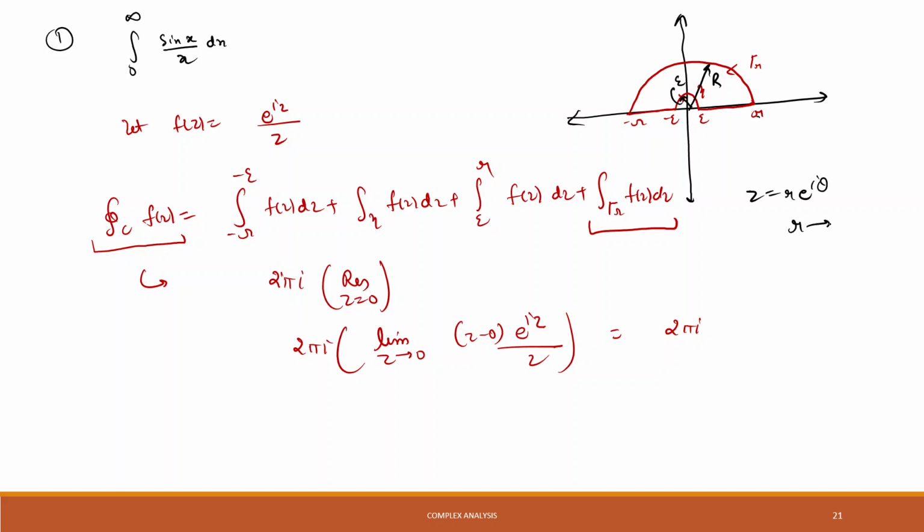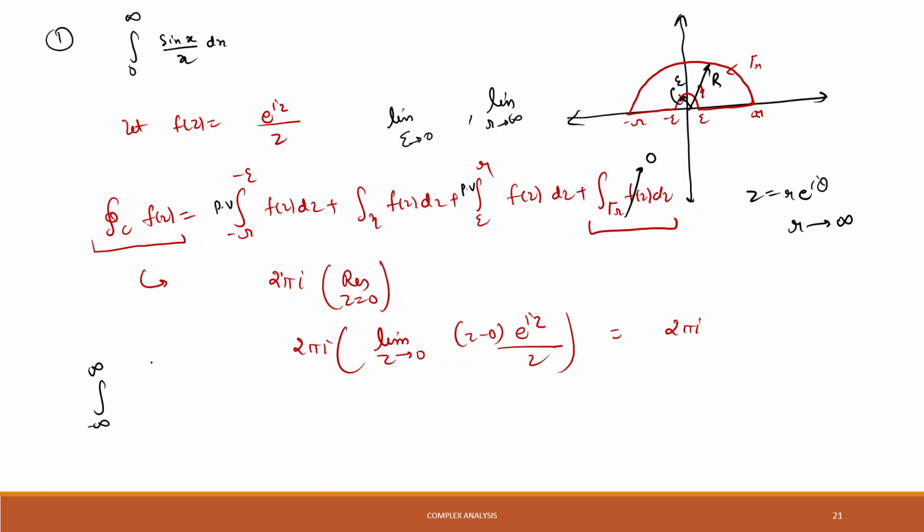As we apply the limit R equal to infinity, you will get the integral over this as 0, and using the Cauchy principal value, applying the limit epsilon tends to 0 and R tends to infinity, here we will easily get minus infinity to infinity.